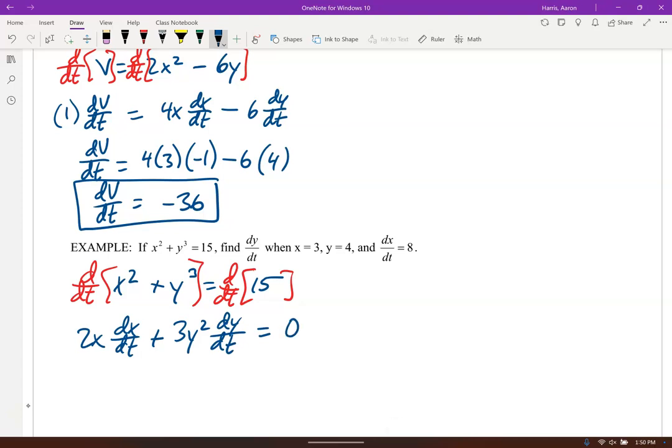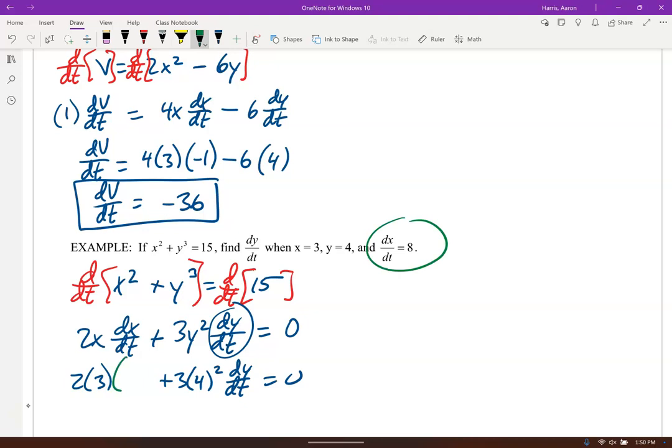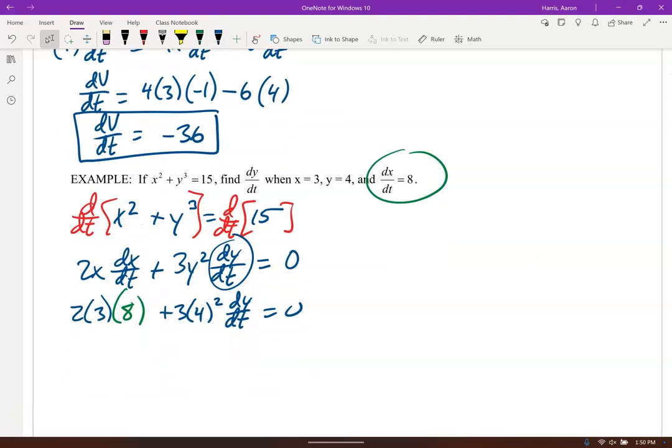It says find dy/dt, so find that when x is 3, y is 4, we don't know dy/dt, and dx/dt over here is 8, it looks like. So they gave us everything except dy/dt. So we got 6 times 8, we got 48, plus 3 times 16, I got 48 dy/dt equals 0.